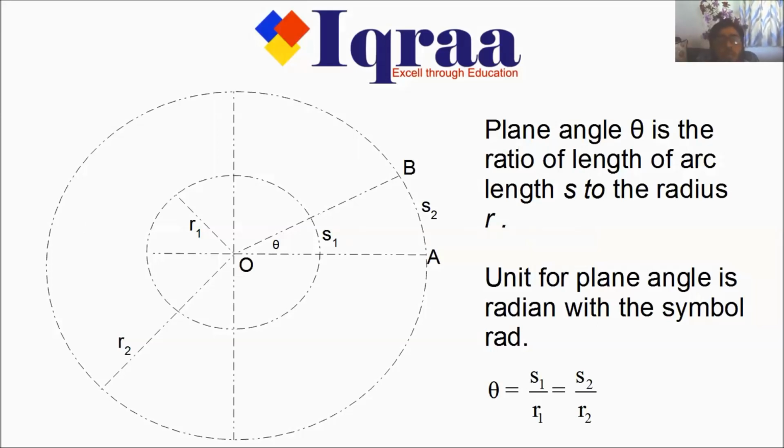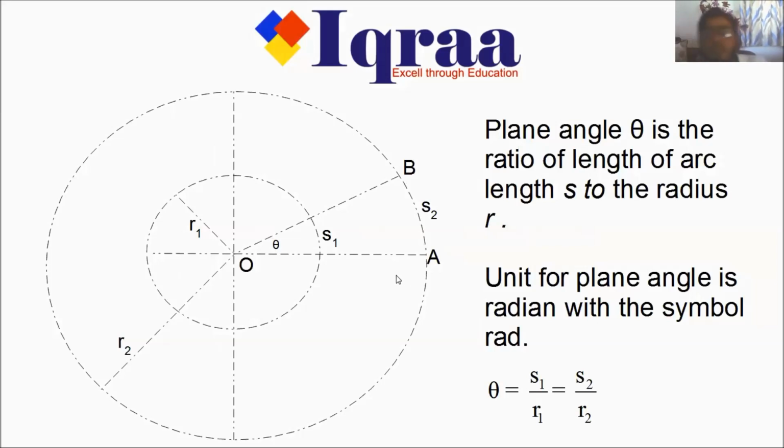So let's say you are given two lines OA and OB, and you have to find the angle theta between them. Open your compass and cut an arc of any radius. I have drawn here two circles, one of radius r1 and one of radius r2. When I draw a circle of radius r1, the arc length intercepted between OA and OB is s1, and if I take this bigger circle, the arc length AB is s2.